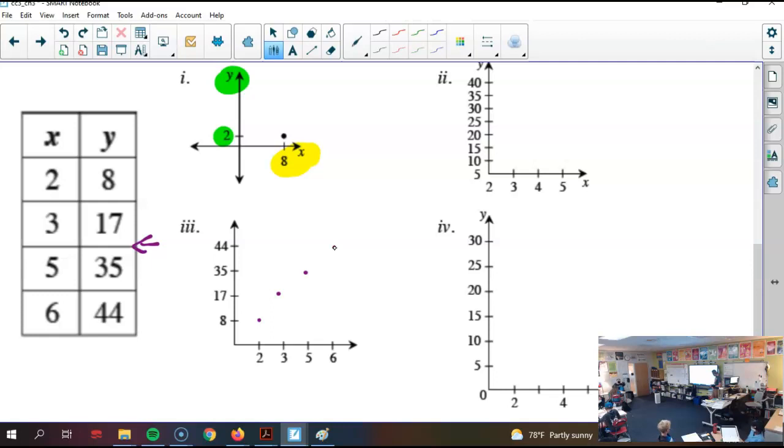Ooh, actually, good point. If this is a jump of 1, then this would only be a jump of 1. This is broken. That is broken. That's broken. But also, can we fit all of our points on this graph? No, they got to make a bigger graph. So not only is it broken, it also won't fit.